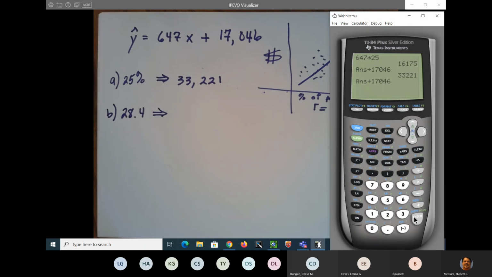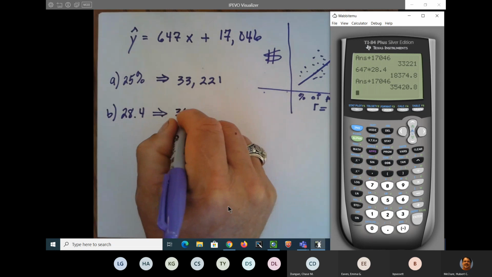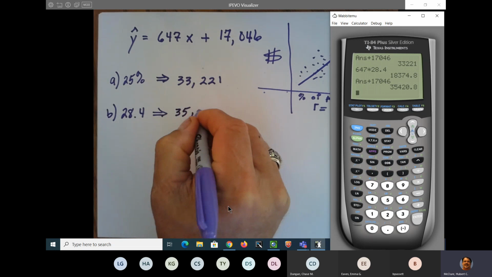Second, enter. There we go. Change that. 28.4, enter. And add that to 17,046. And that is 35,421.